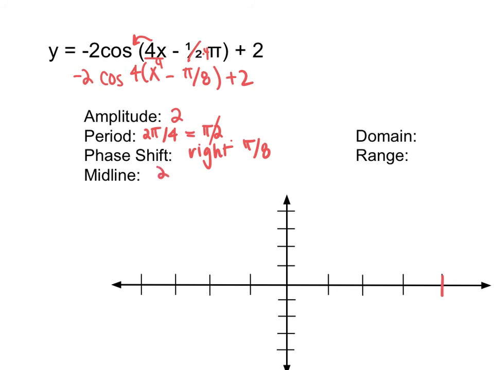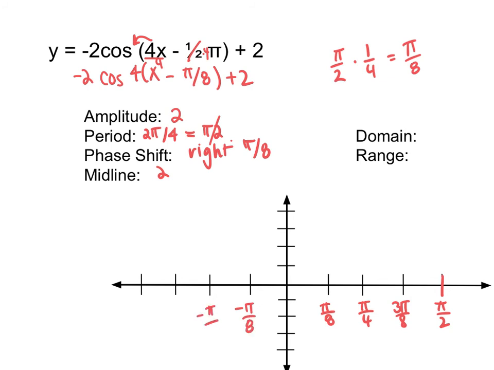In creating my scale down here, my period is pi over 2, so that's going to be my end 1. And when I divide that by 4, or multiply by 1/4, I get pi over 8. This is 1 pi over 8, 2 pi over 8 that can be reduced, 3 pi over 8, and back to 4 pi over 8, which is pi over 2.